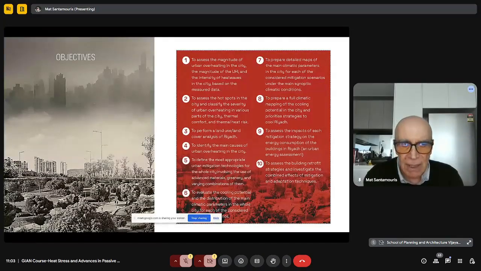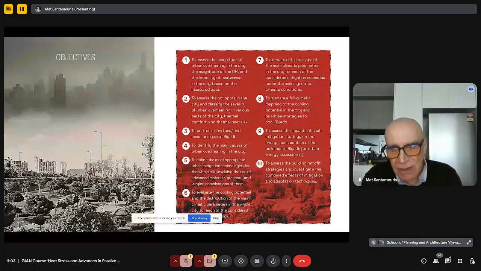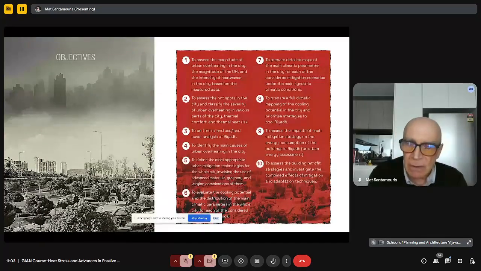Otherwise, they are lost, and they always choose simplistic solutions that unfortunately do not have the proper result. And of course, once the mitigation technologies are selected and evaluated, we have to assess the impact of each of the mitigation technologies on the energy consumption.